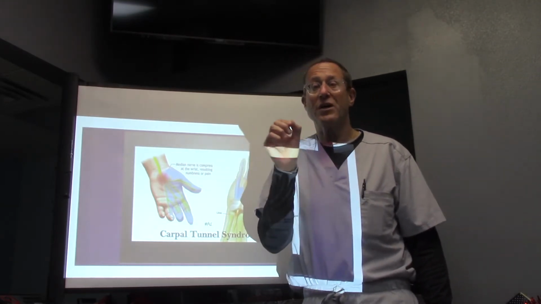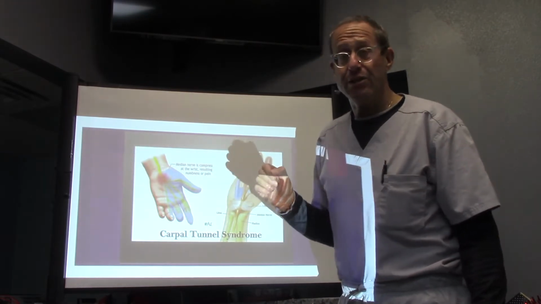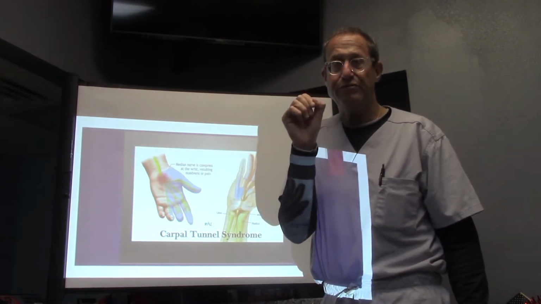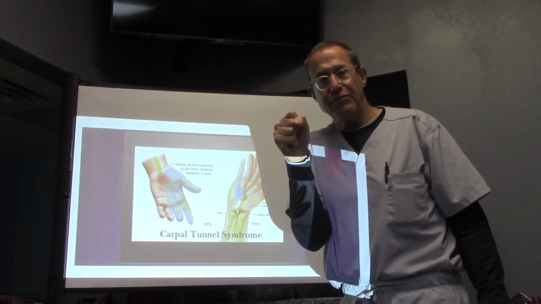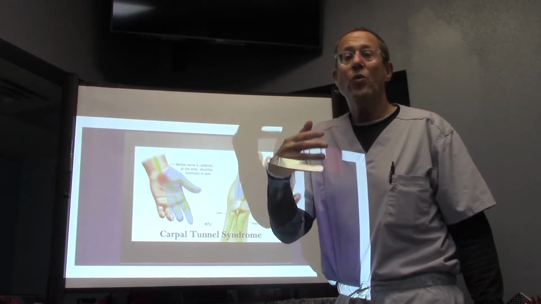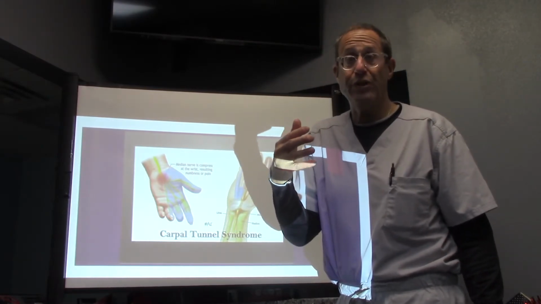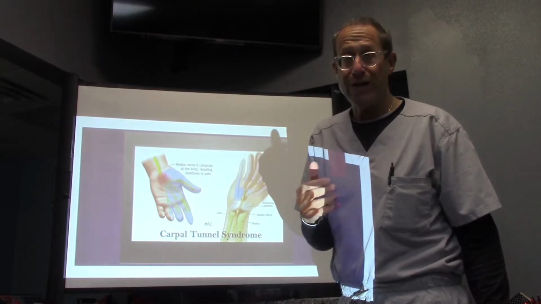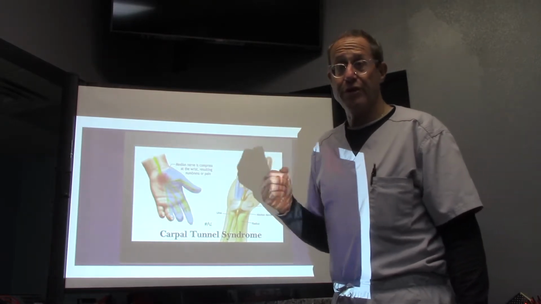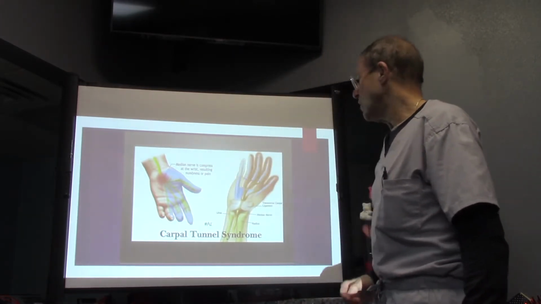So think of them as like 9 ropes, and the nerve. So if those tendons become inflamed, then the inflammation or the swelling will take up a good portion of the hole and therefore compress the nerve, the median nerve, and we call that carpal tunnel syndrome.